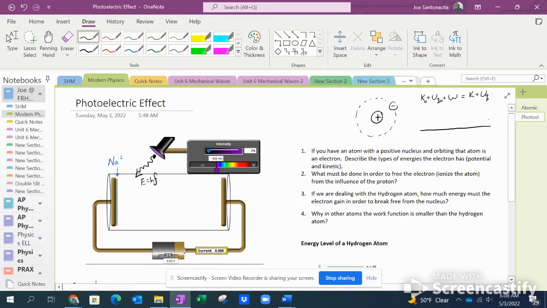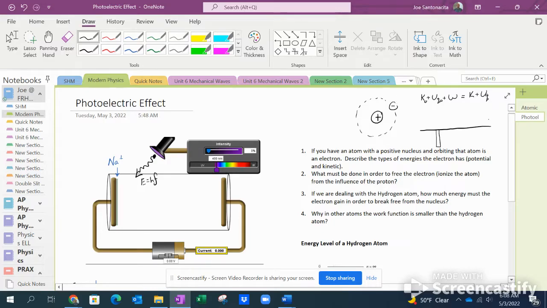Okay, if you have an atom with a positive nucleus and an electron that is orbiting, in order to knock this electron or free this electron from the pull of positive charge, we have a large negative potential energy between the two.